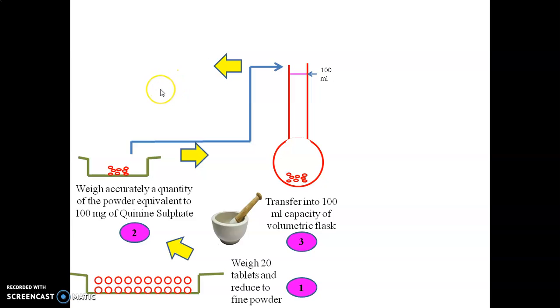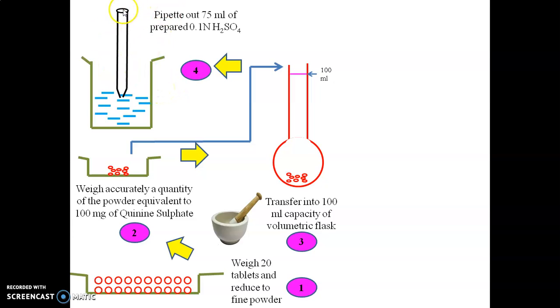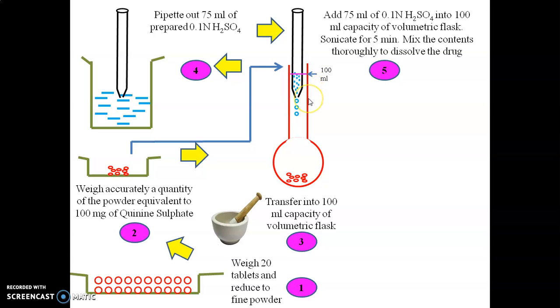After that, pipette out 75 ml of the prepared 0.1 normal H2SO4 solution and transfer into the same flask. Then sonicate for 5 minutes for mixing the contents thoroughly to dissolve the drug.